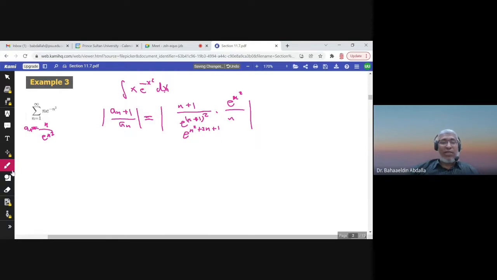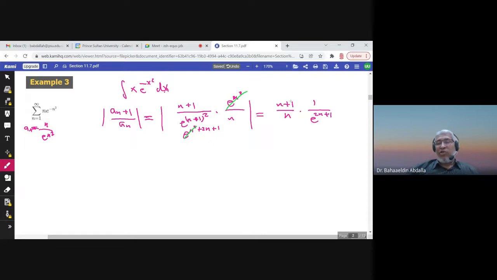So I can cancel e to the n square with e to the n square, and I will still have n plus 1 over n, okay? Absolute value, everything is positive, times 1 over e to the power 2n plus 1.